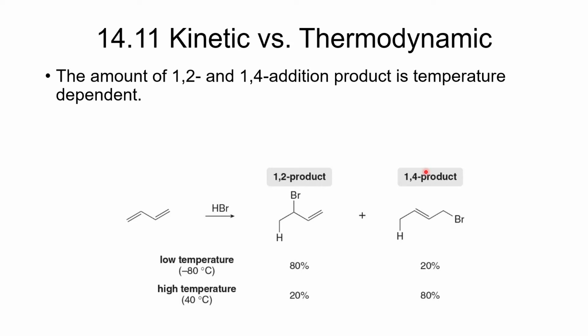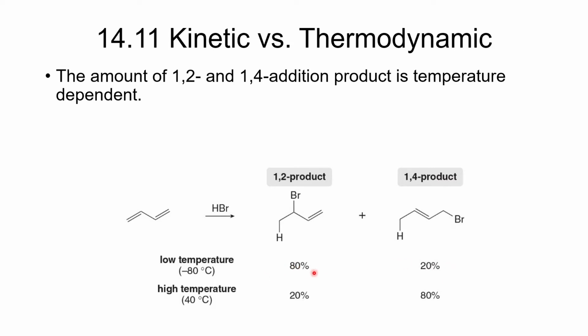Interestingly, when we do this reaction at a temperature slightly above room temperature, so at about 40 degrees Celsius, we get more of the 1,4 addition product. When we do it at very low temperatures, negative 80 degrees Celsius, so approximately dry ice temperatures, then we're going to get more of the 1,2 product than we get of the 1,4 product.